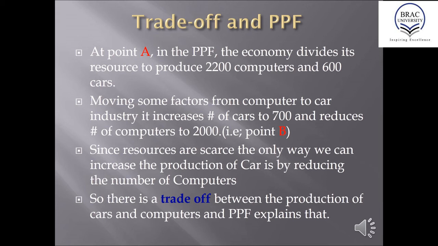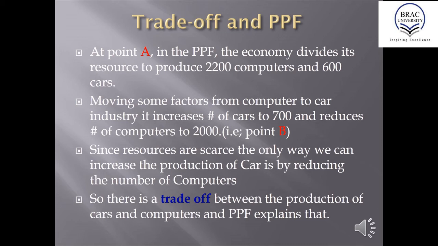So if we want to produce more cars, the only way that we can do so is by reducing the number of computers. And since this labor resource is scarce, there is a trade-off that we are making along the PPF.